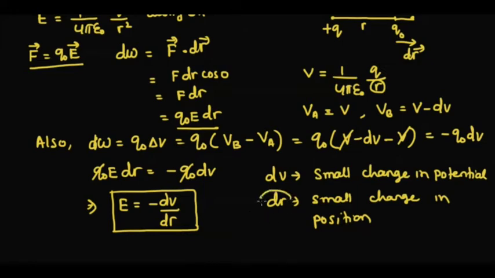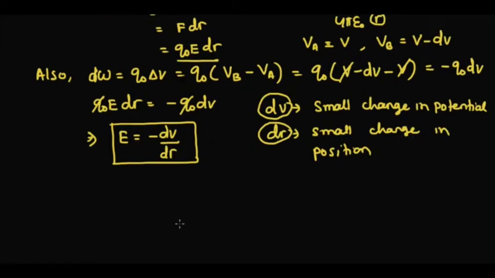So when the position changes, then the potential also changes. So dV by dr means what? The change in potential with respect to the change in position. And this quantity dV by dr is known as the potential gradient.